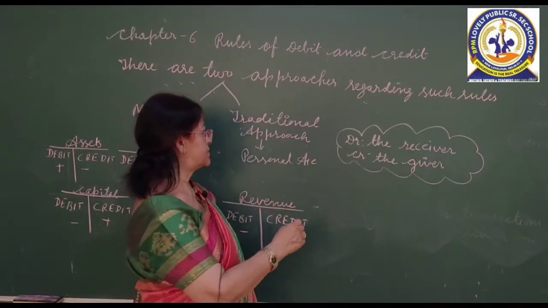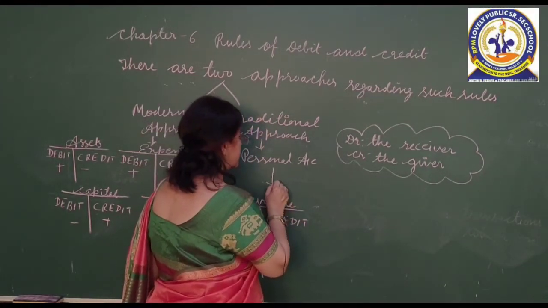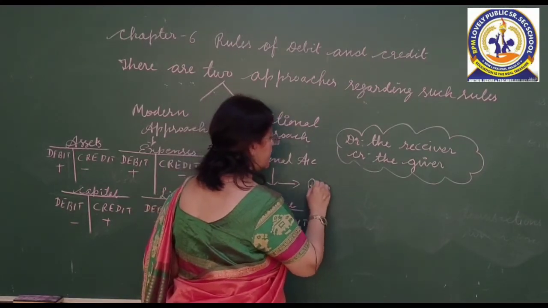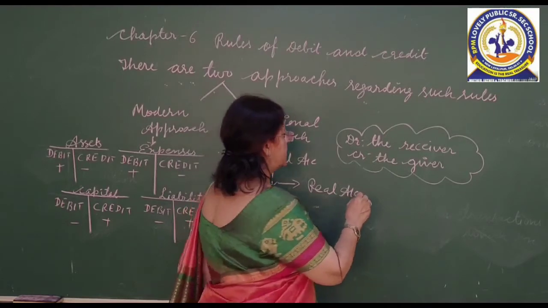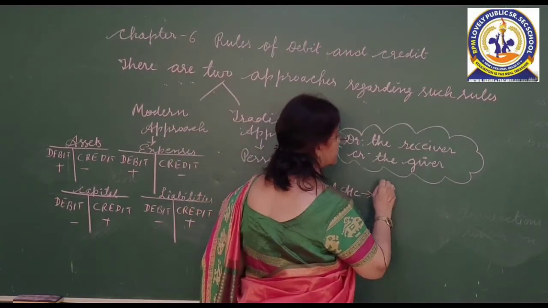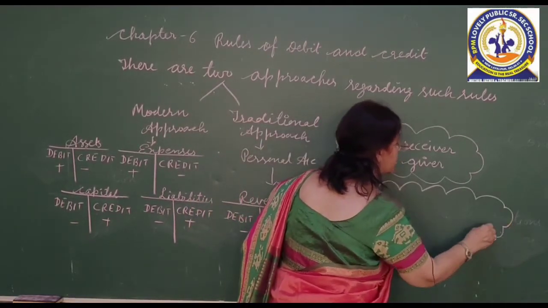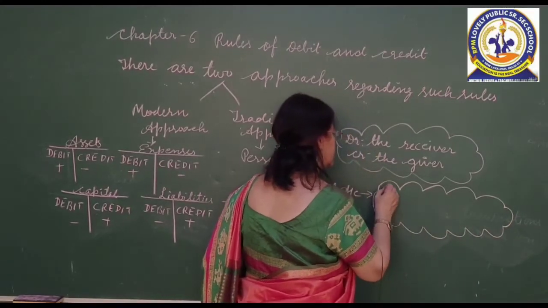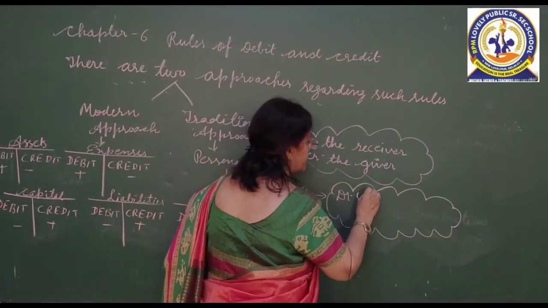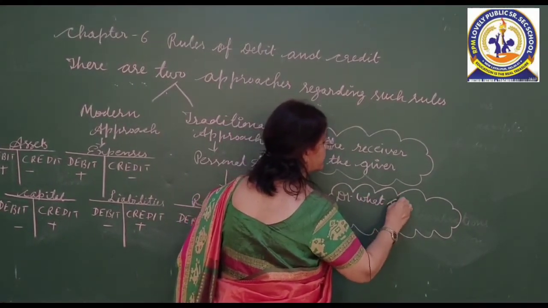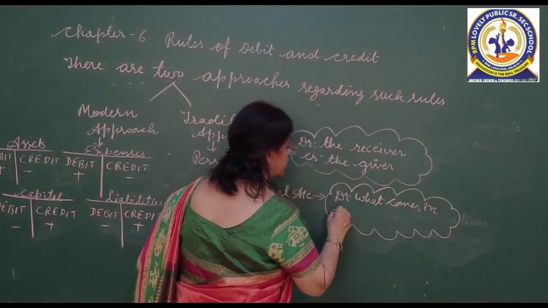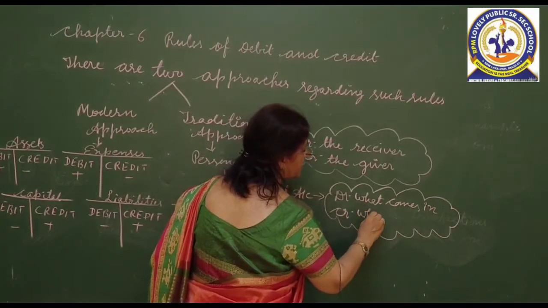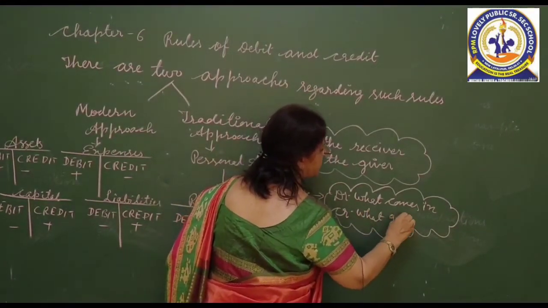Now next account, real account. Real account belongs to all assets. Real account says debit what comes in, credit what goes out.